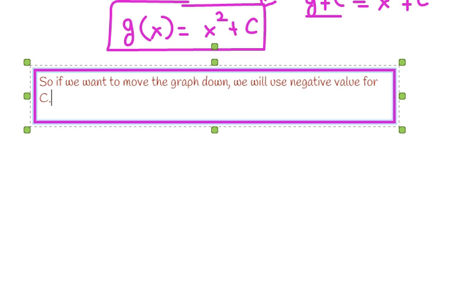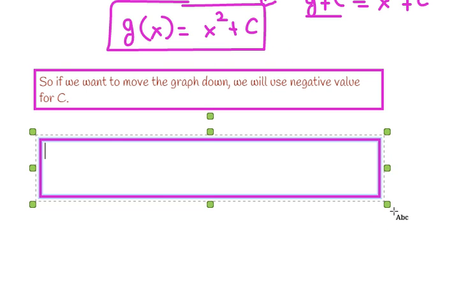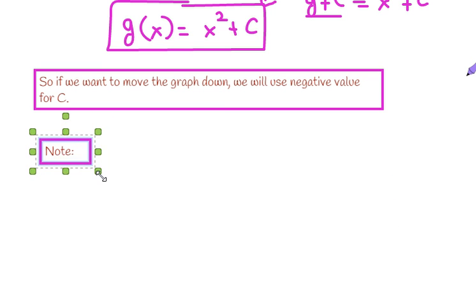Now you need to remember this. If c is greater than 0, graph moves up.